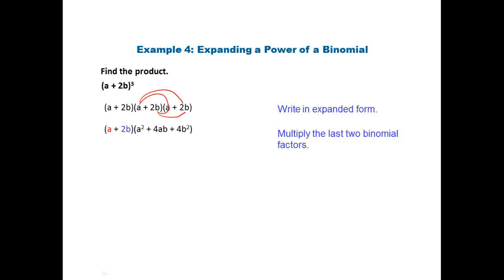So we simplified the middle here, so we had a squared plus 2ab plus 2ab plus 4b squared. These became 4ab. That's how we got the second parenthesis. Last, what we're going to do is distribute the a to the second set of parentheses, and then distribute the 2b.